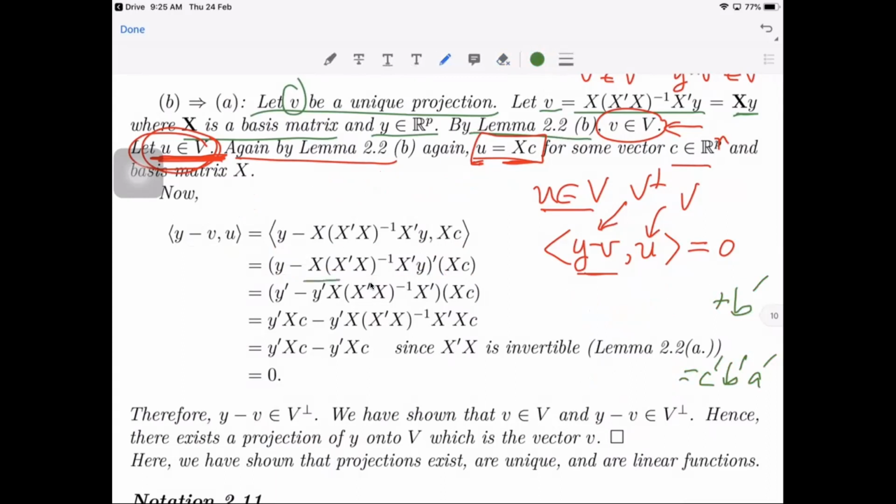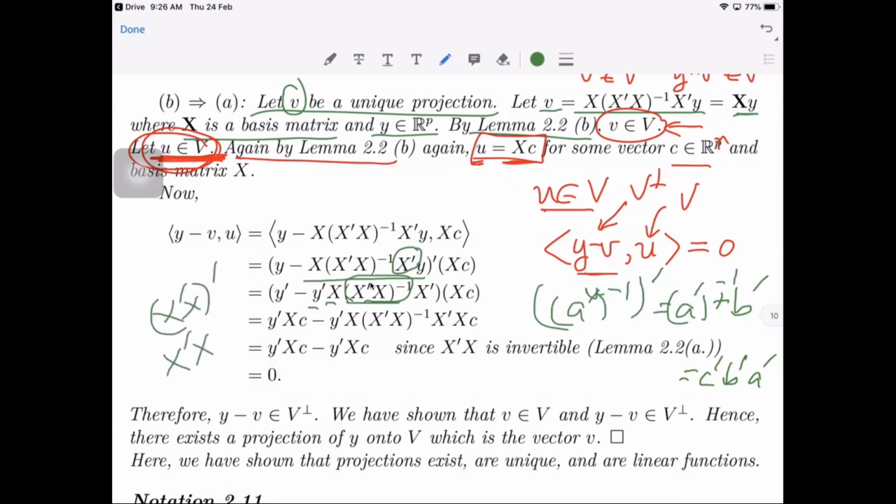Applying the primes here. So you have Y prime, man kini, X, okay? A prime inverse, A inverse prime is just equal to A prime inverse. So as is ni siya. Pero tungod kay X prime X man na, kuhaon nimo ang prime ana X prime X gihapon. Di ba?